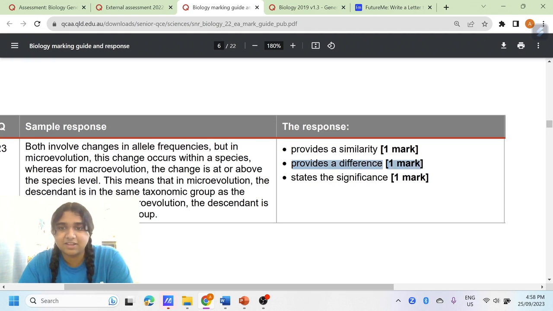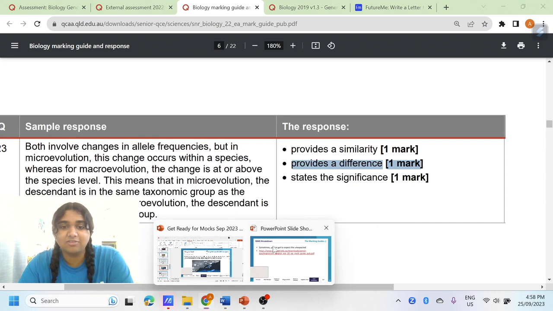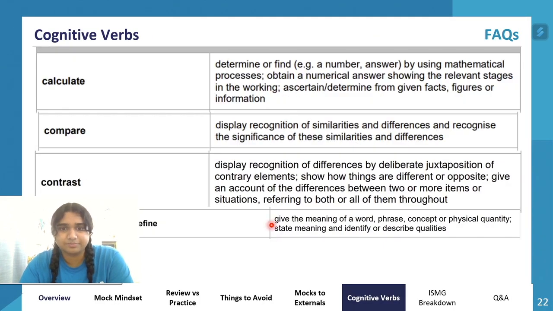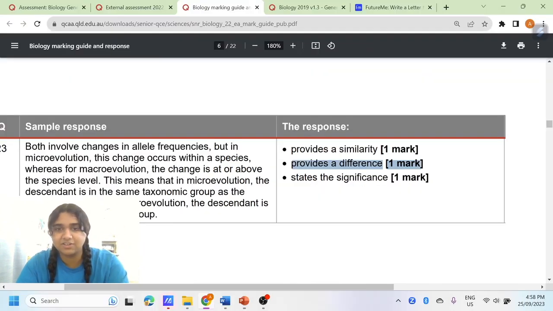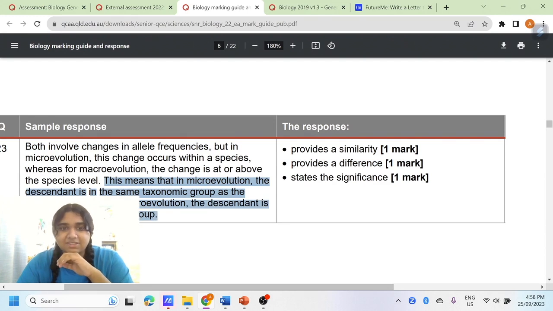There's your difference. So immediately, if we go back to the definition of compare, which is back here, it says display recognition of similarities, differences, and significance. Those are the 3 things that you needed to get the 3 marks that were given in the definition itself. And then that final mark comes from this final sentence: this means that in microevolution, the descendant is blah, blah, blah.